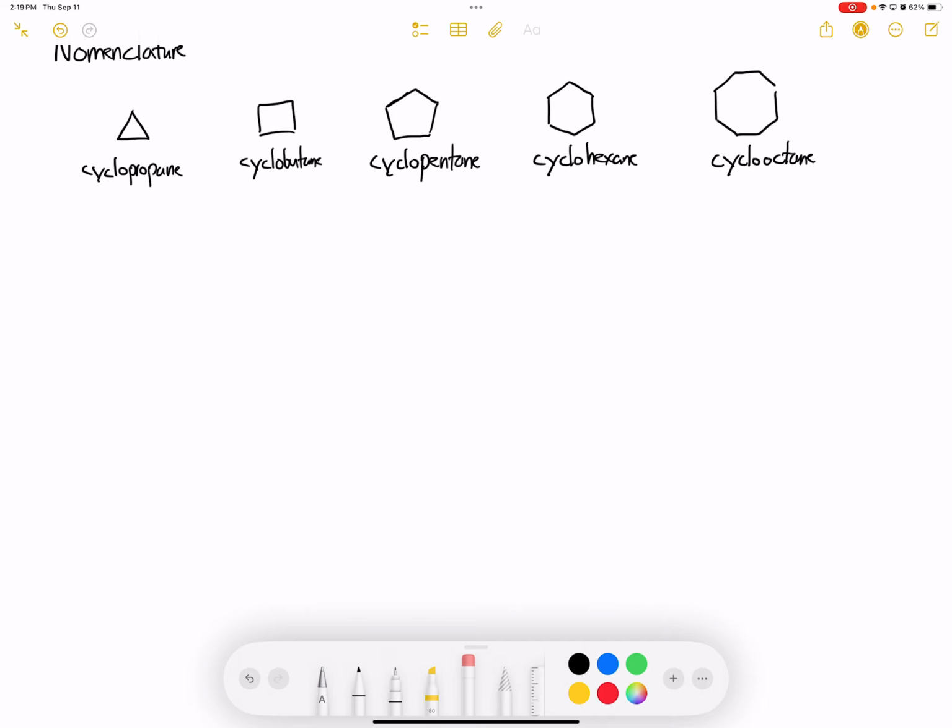Previously, we saw we could do cis-trans isomerism with them. So, monosubstituted alkanes here. For rings, if you only have one substituent, you don't have to specify where it is because it is always given the one position.